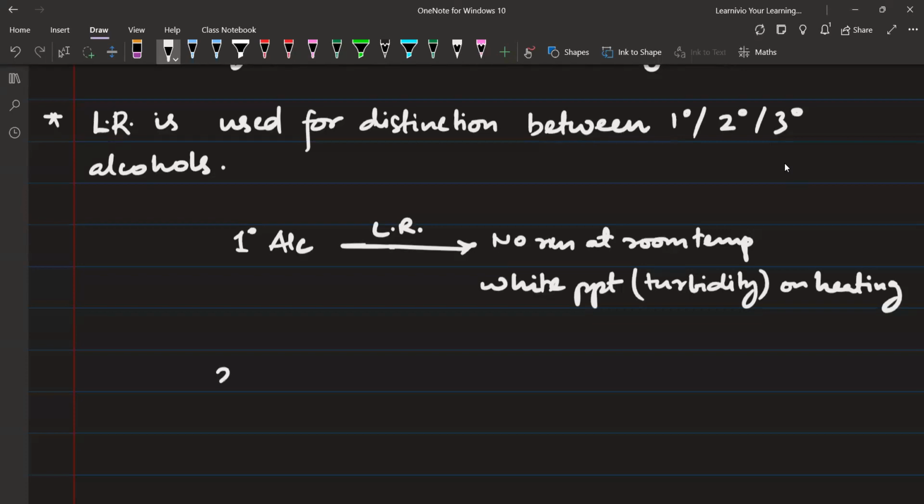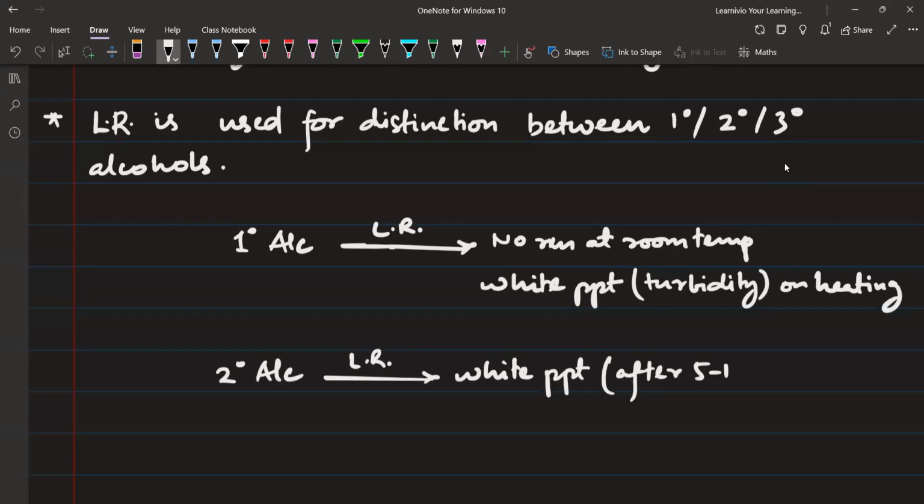Similarly, if you have 2 degree alcohol and you use Lucas reagent, then white PPT will be formed after 5 to 10 minutes. That means it is going to take time.